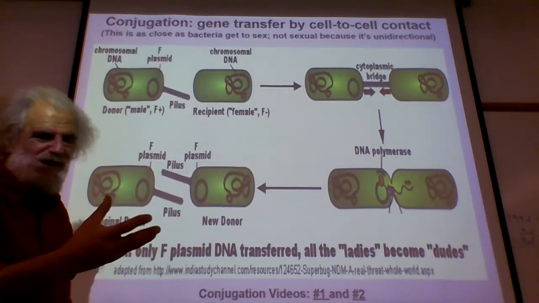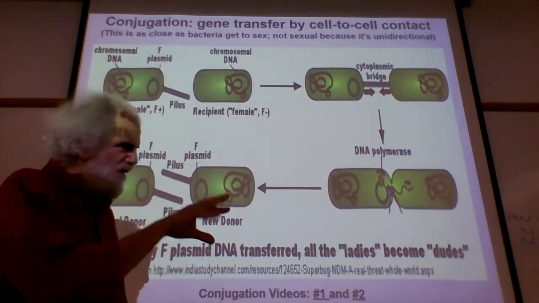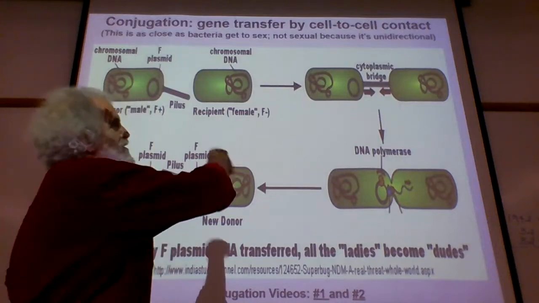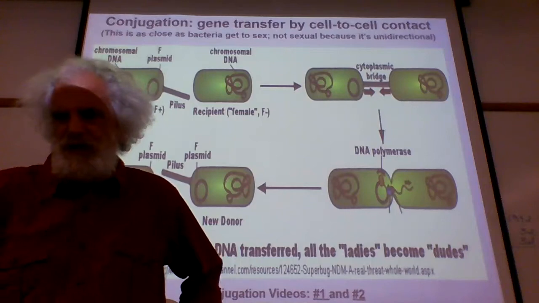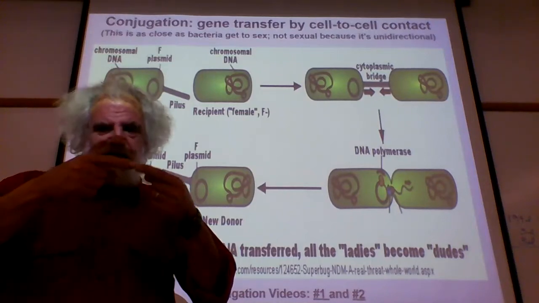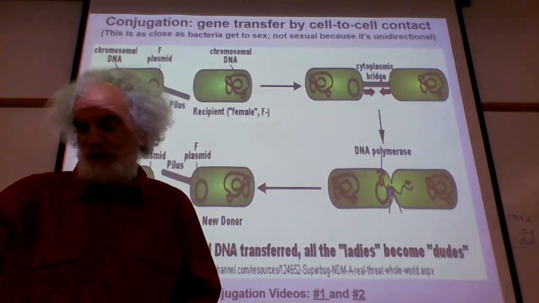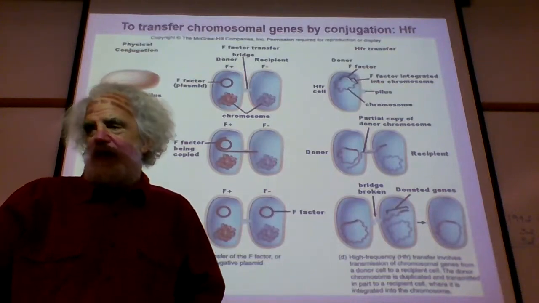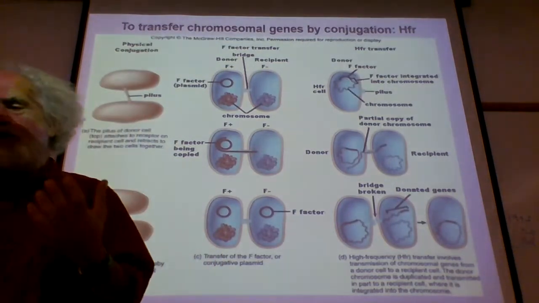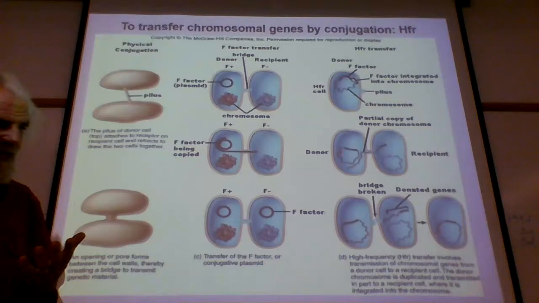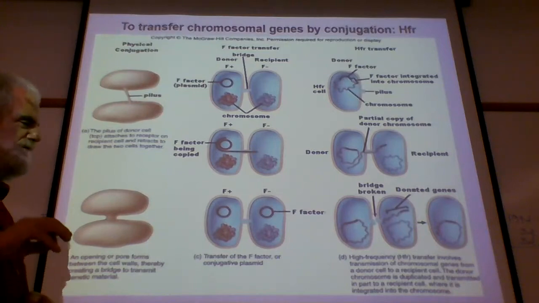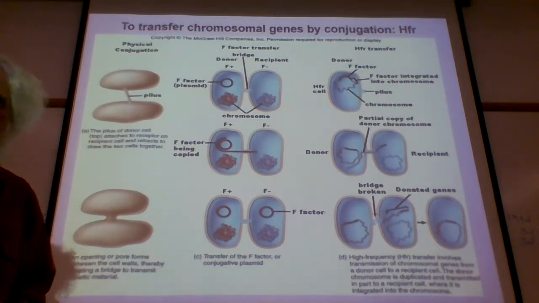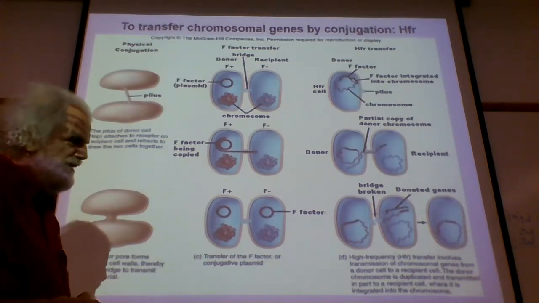The F plasmid is transferred, and in this way, all the ladies become dudes. Everybody involved now has the F plasmid, and they're able to carry out the next level of conjugation. But conjugation requires an interaction of an actual cytoplasmic bridge. It's not naked DNA. So in order to transfer chromosomal DNA through conjugation, you have to have a mutation that is known as the HFR gene, which is high frequency recombination.